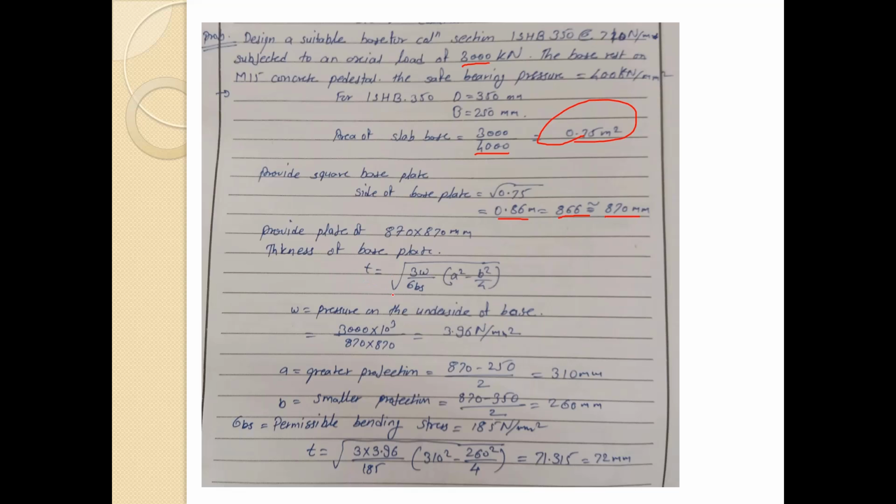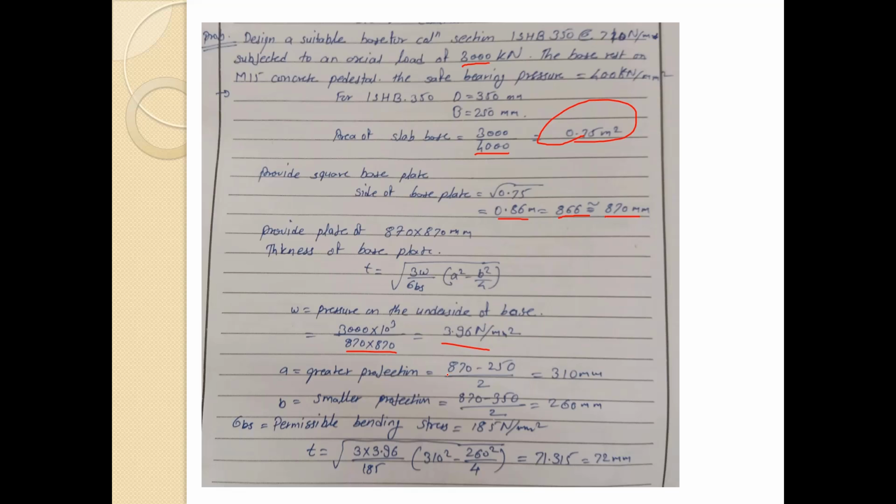T equals under root 3W divided by sigma bs into bracket A square minus b square by 4, where W is the pressure from the underside of the base. So here we have this load, that is P into 10 raised to 3, and we are dividing it by the area provided, that is 870 by 870. So that becomes 3.96. So A will be the greater projection.